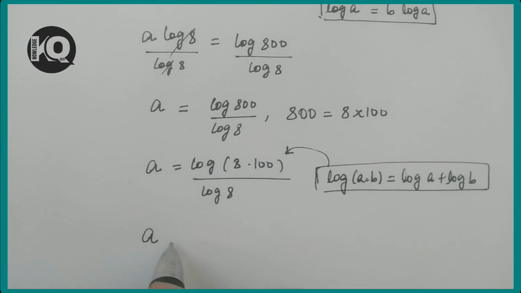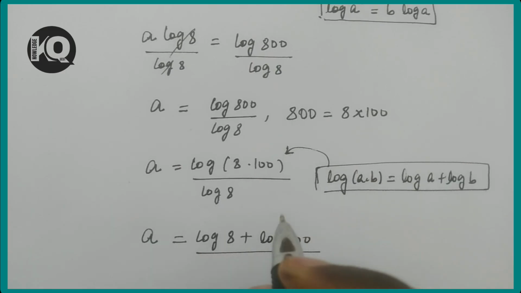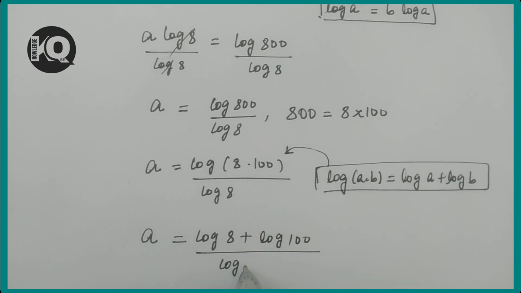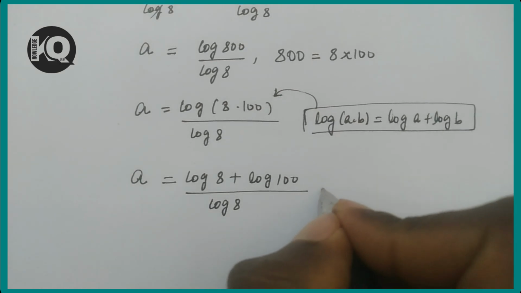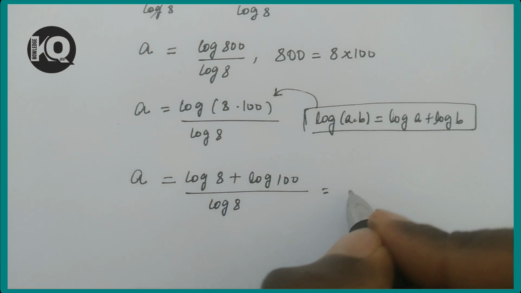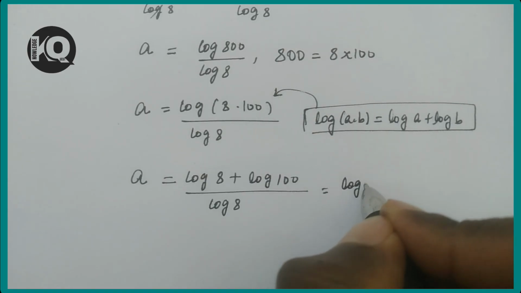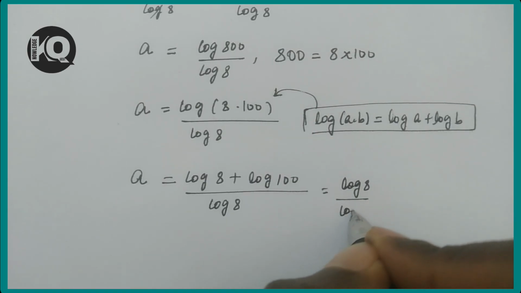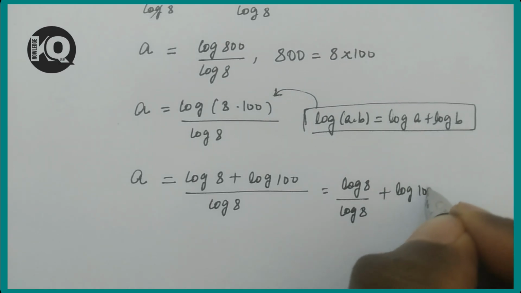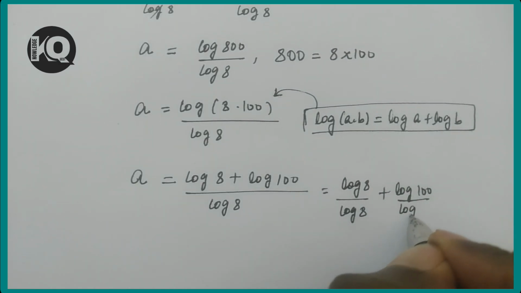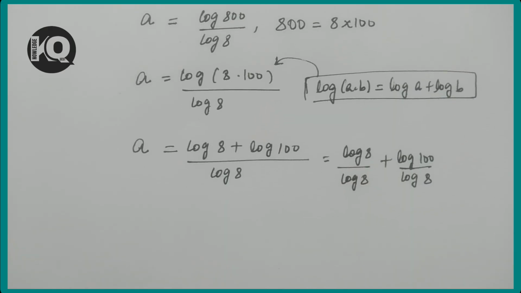It will be a, which is equal to log of 8 plus log of 100 divided by log of 8. So let's separate by each term. So a is equal to log of 8 divided by log of 8 plus log of 100 divided by log of 8.